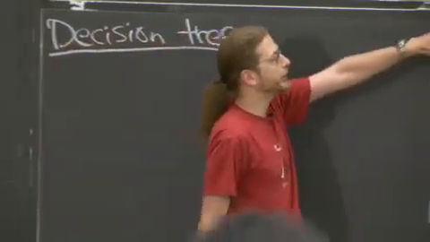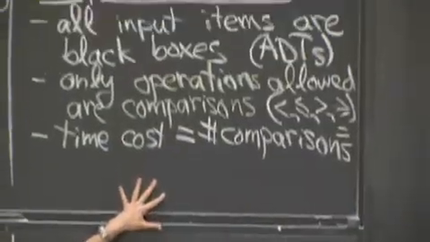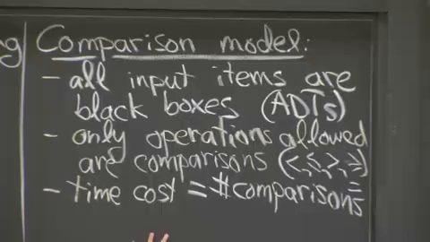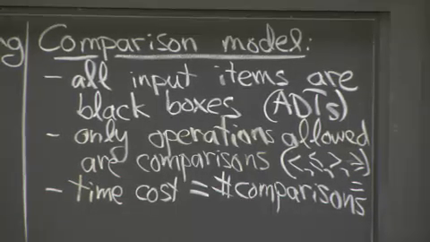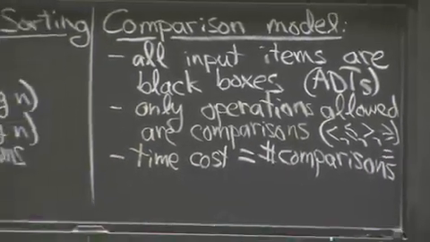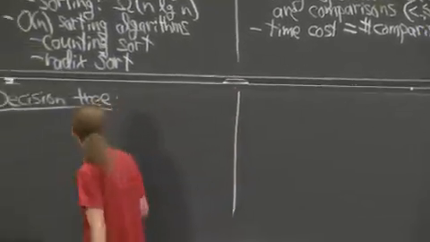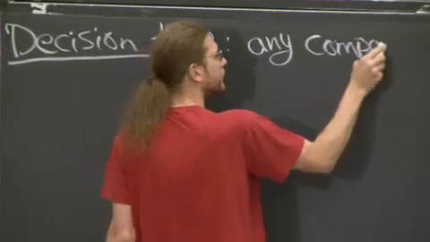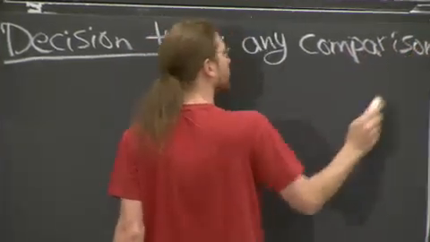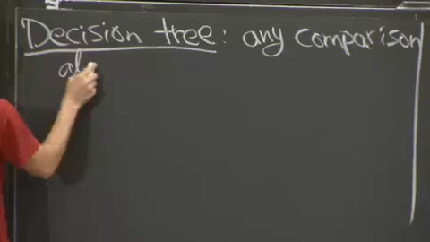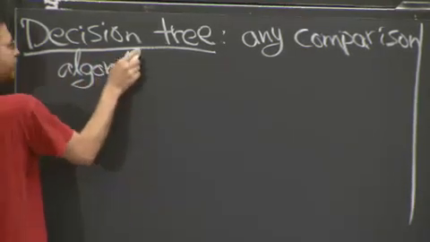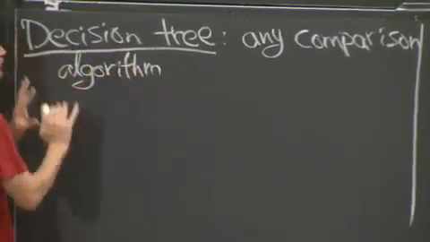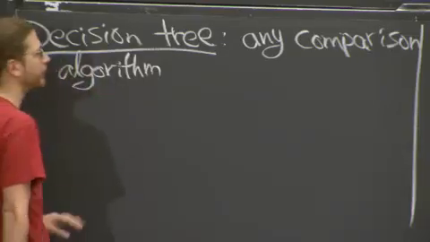If we know that our algorithms are only comparing items, we can actually draw all the possible things that an algorithm could do. So any comparison algorithm, focusing in on comparisons, lets us take a tree perspective of what our algorithm does.